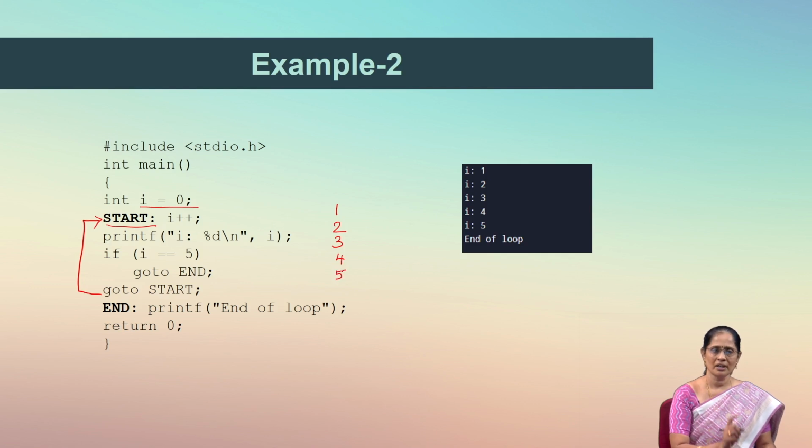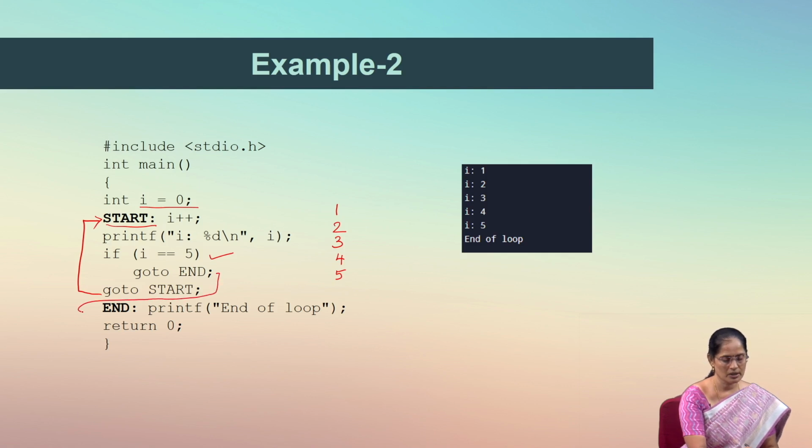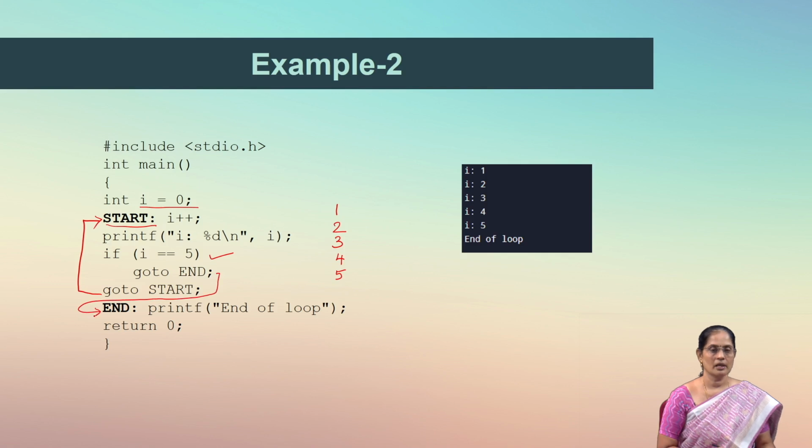When the I value becomes 5, this condition I equal to 5 becomes true. If it is true, we make the statement go to the labeled statement end. It means that after this it goes to the statement where the label end exists. So, then it prints the value as end of loop.